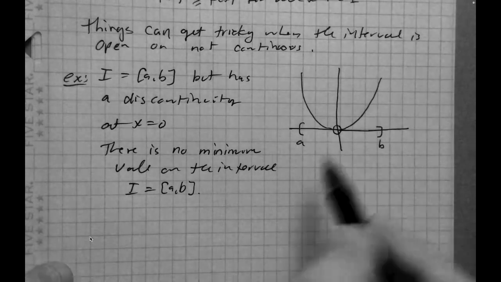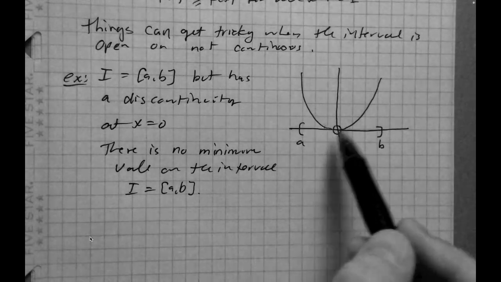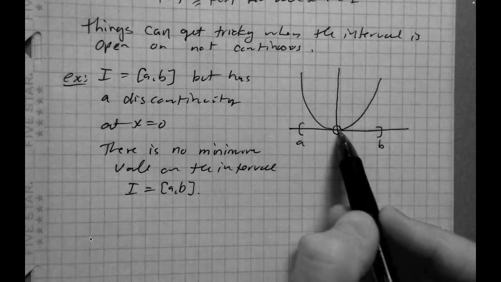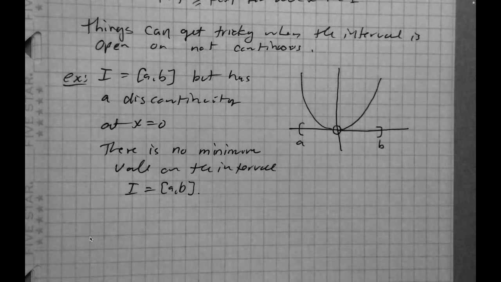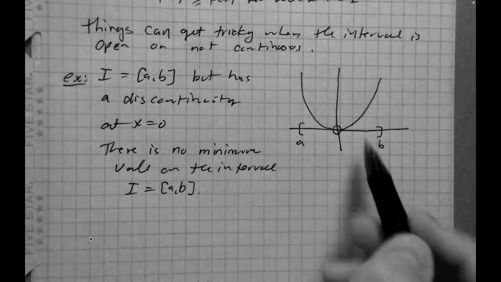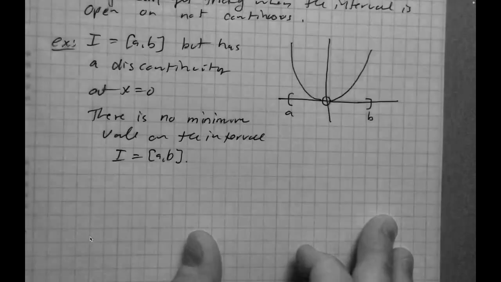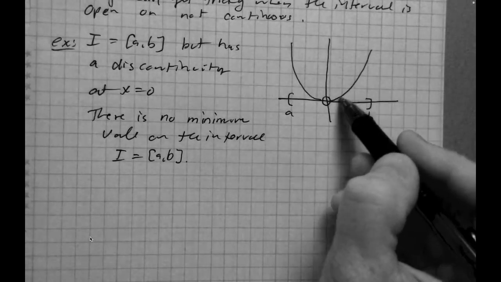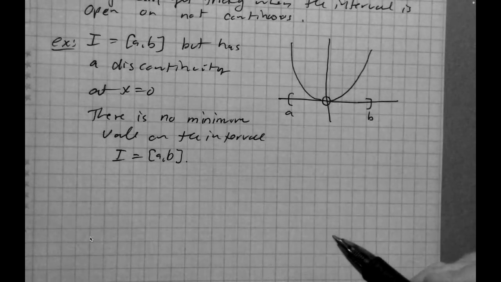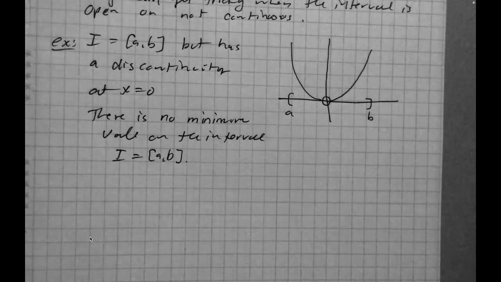This has to do with the denseness and the completeness of the real number system. There is no point right next to x equals 0 that you can call the minimum here. Intuitively, it seems like there should be. I can certainly see that the line comes down, down, down. All I need to know is what that last down point is. The problem is 100% in identifying that last point right before 0.